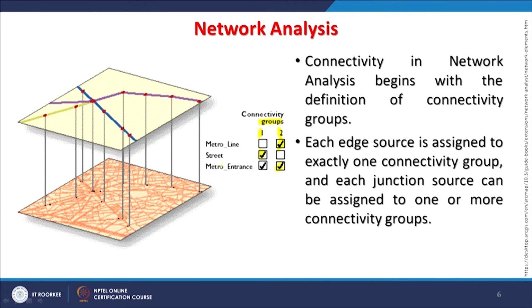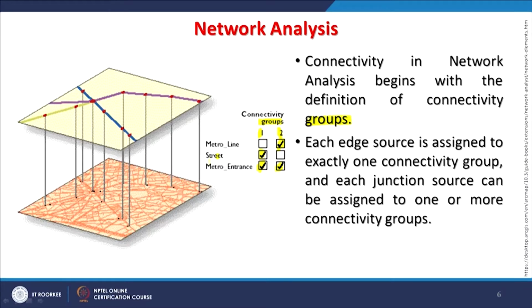The other group is the street and metro entrance, because the metro entrance will be used, so it should be connected with the street. So, they are in the group. In this left diagram also, you can see that these things are connected.